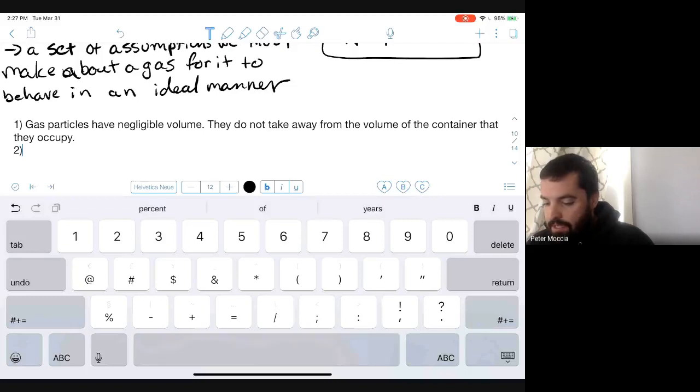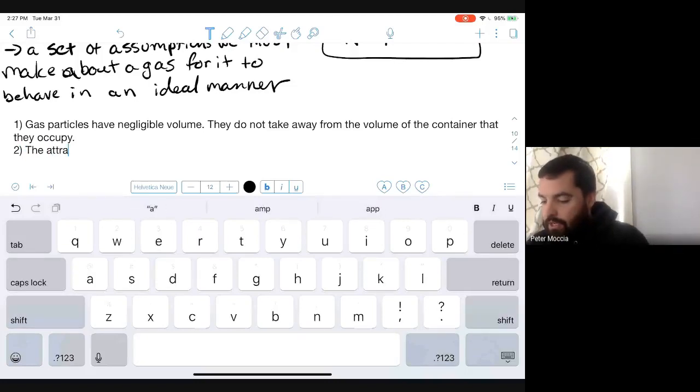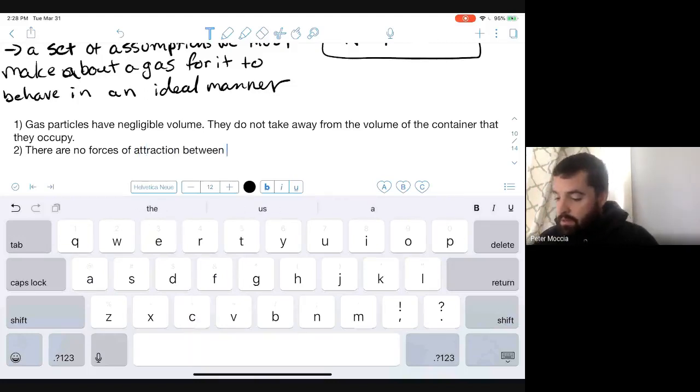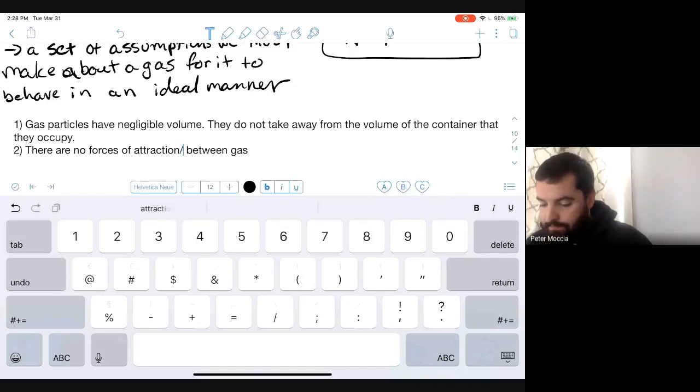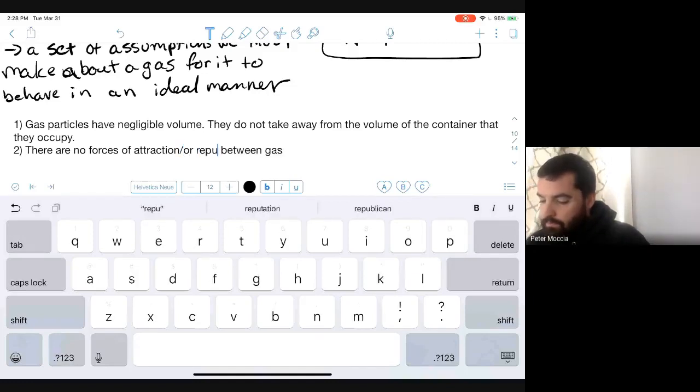Number 2, there are no forces of attraction, or I should say attraction or repulsion, between gas particles.